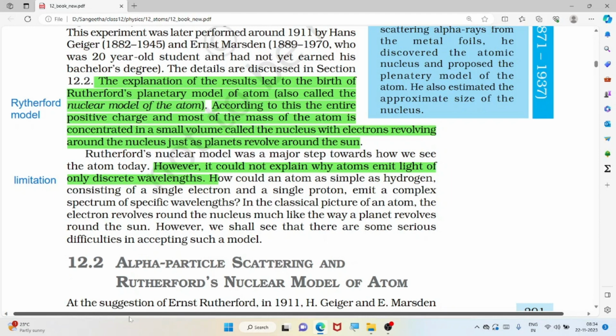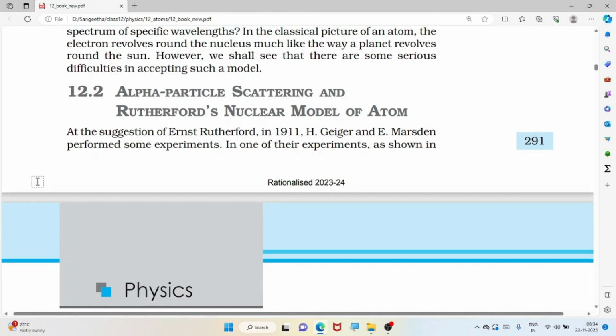That is what Rutherford found, but he could not explain why atoms emit light at different discrete wavelengths. That is the limitation of the Rutherford model.